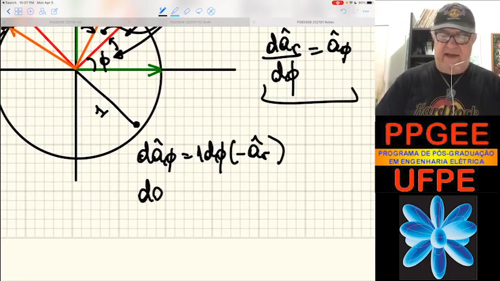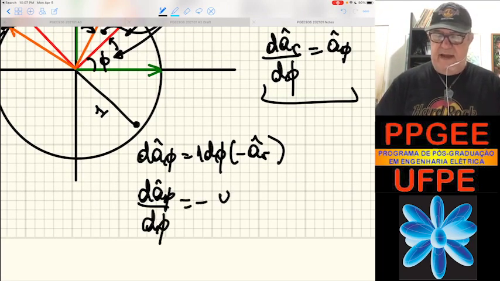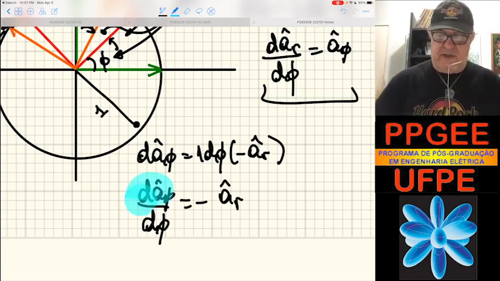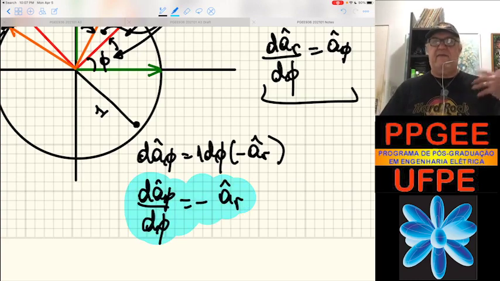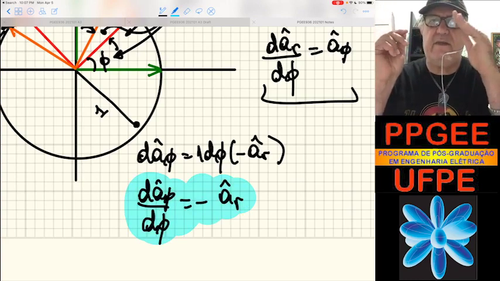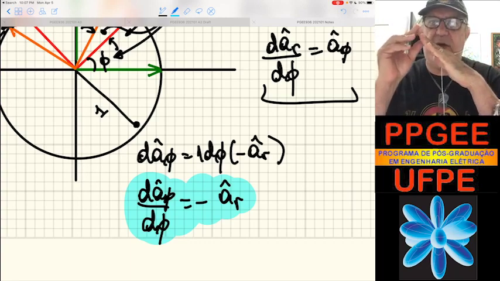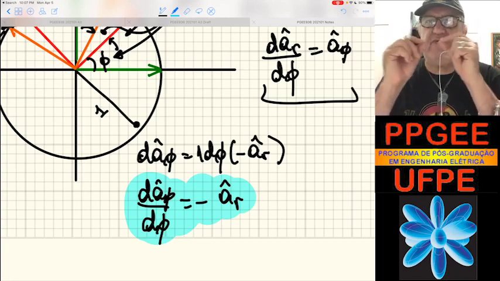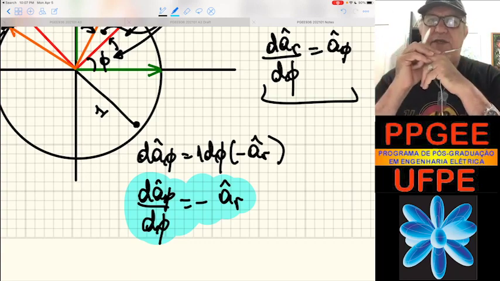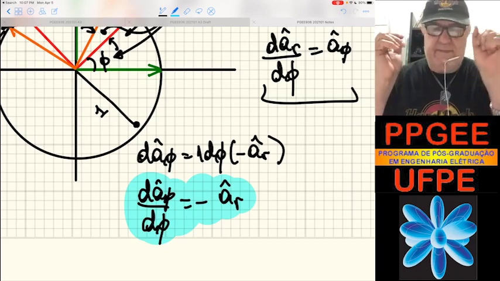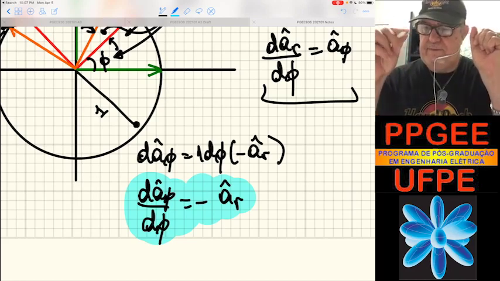So dA phi/d phi equals minus AR. So that's how you calculate those things geometrically. Vector derivative means difference, right? So have a vector, change the argument by a small amount, find the new vector, take the difference between those two vectors, and divide by the change in the argument. Then you have the derivative of the vectors. Okay?